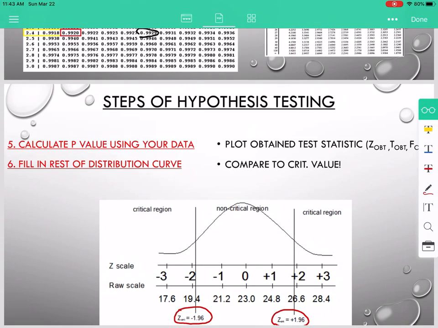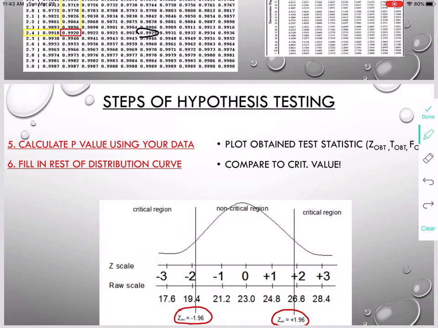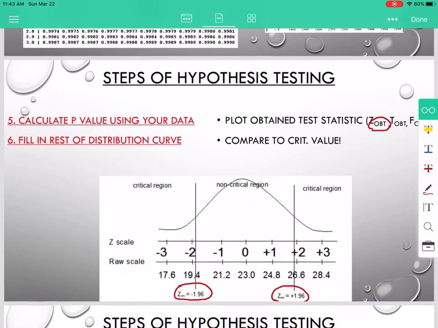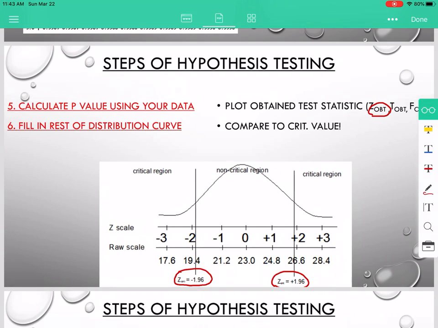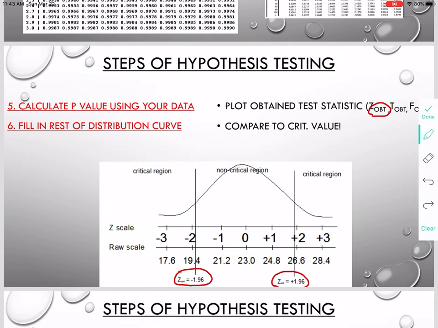Before we get into p-values, let me just tell you that we already found our critical value. Now we're going to actually run the statistics, and we're going to get our obtained. Really important difference here. We already have our critical values on the scale.